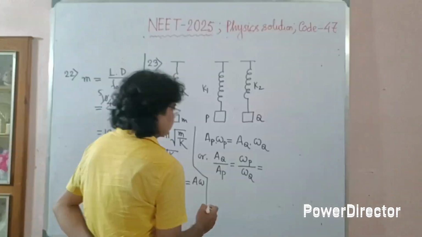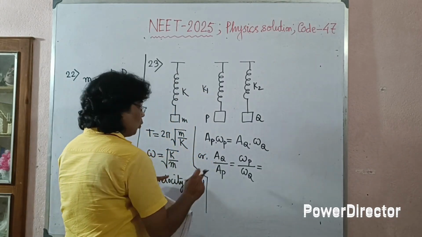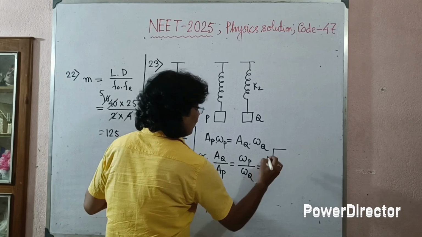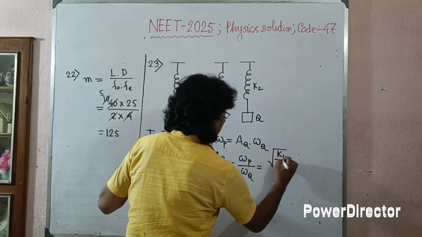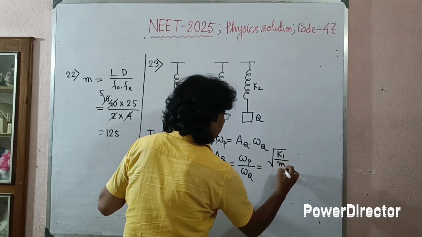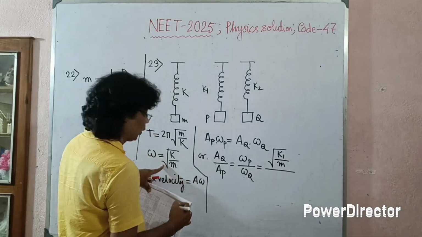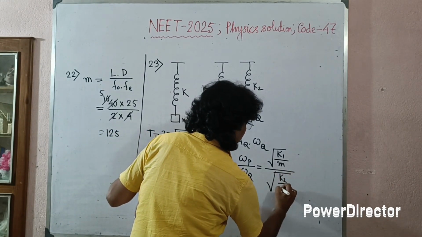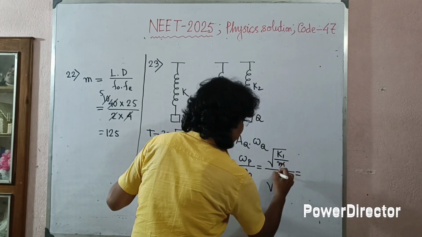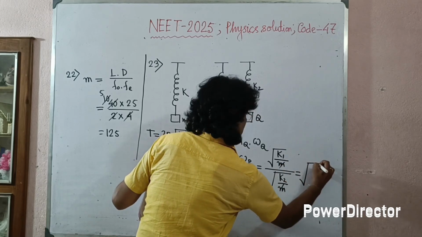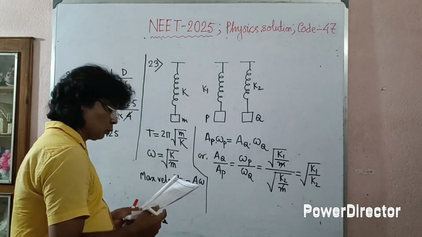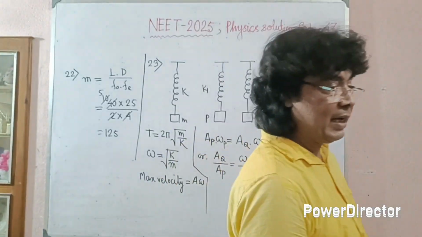So omega P is root over K1 by M, by omega Q root over K2 by M. Cancel M. Root over K1 by K2.